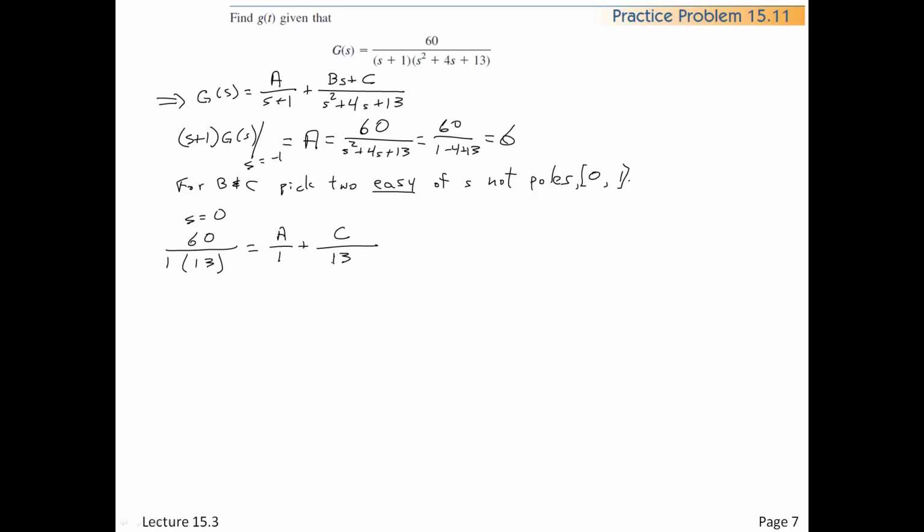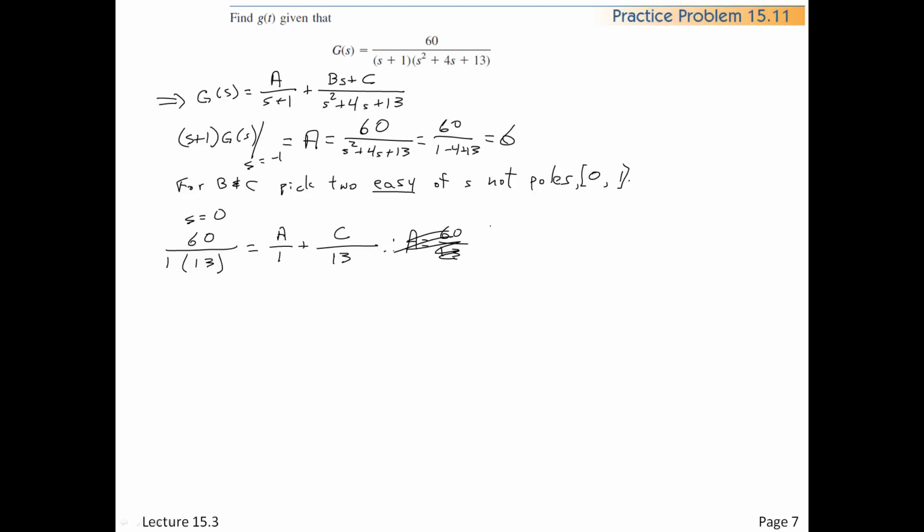Let's solve for C. I'm sorry, I want C here. I'm not even going to dig up the eraser. We already have A as 6.